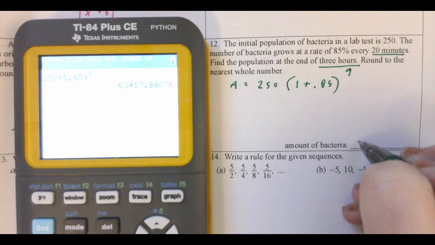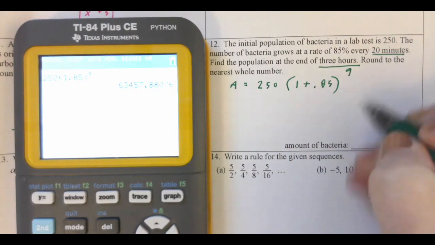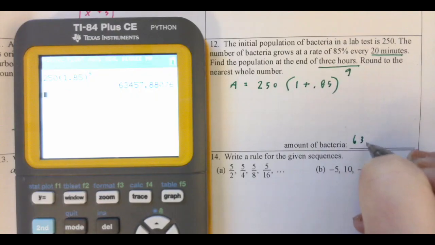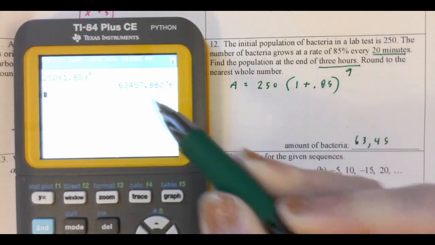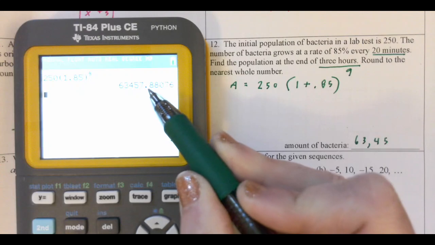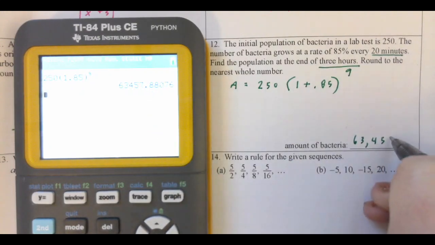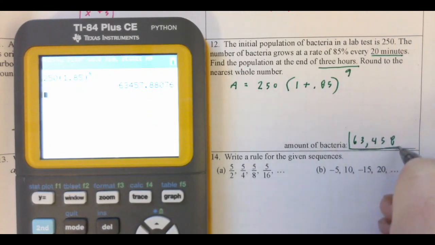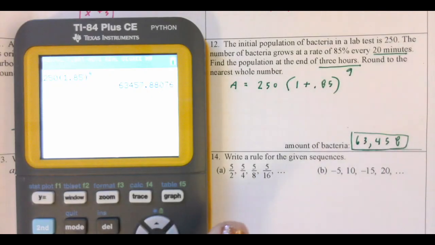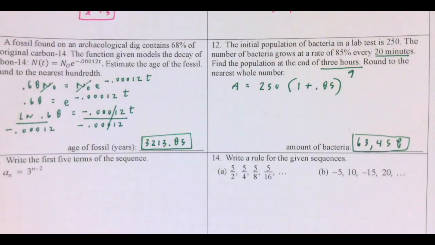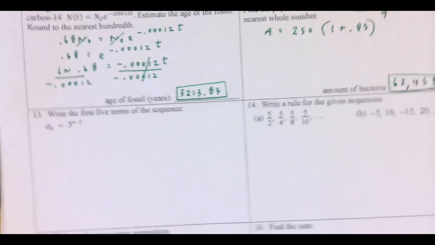So here we would say that is about, we want nearest whole number, 63,450, that 0.88, right, it's going to pull that up to an 8 right here. So 63,458 bacteria.